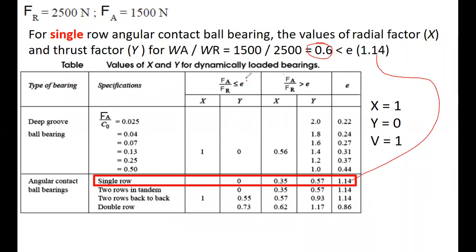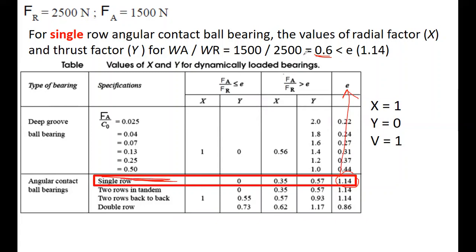So if it is less than E, we are going to see this column. We are not going to see that column. If the value of FA upon FR was greater than E, then we would have seen that column. But you can clearly see here, the FA upon FR ratio came out to be 0.6, and it is less than this E value of 1.14 for a single row bearing.